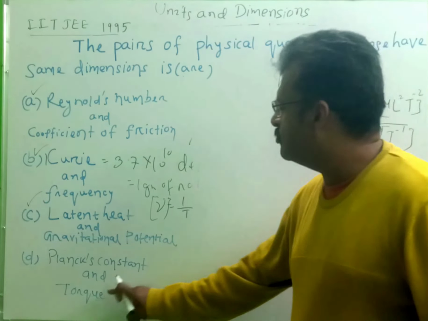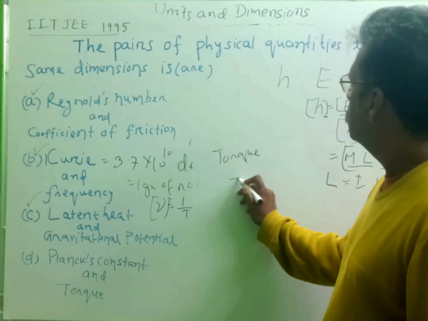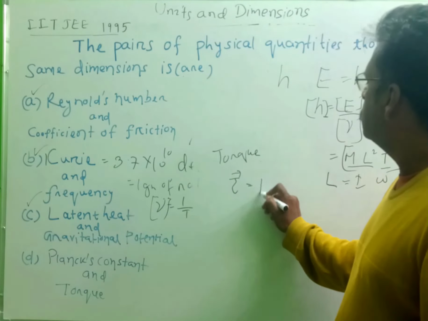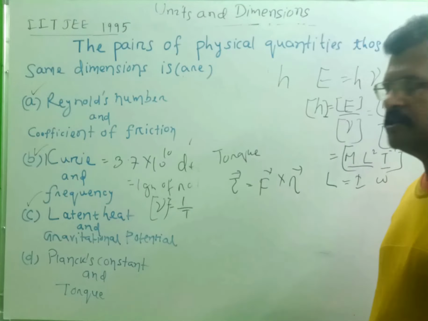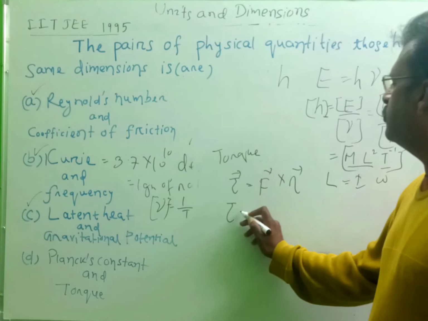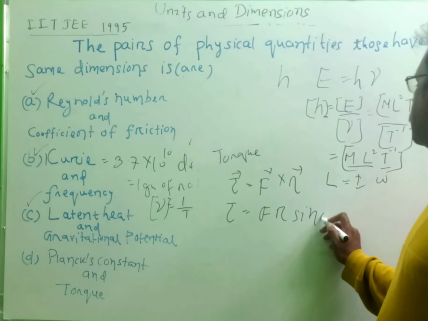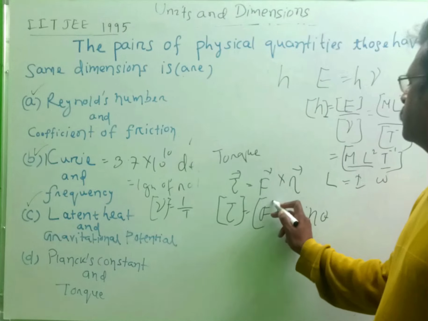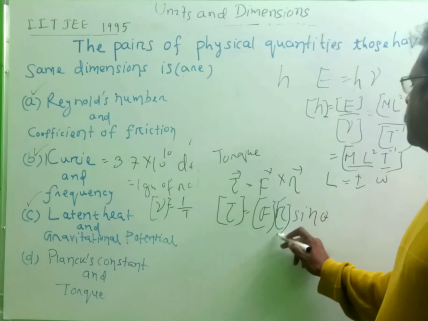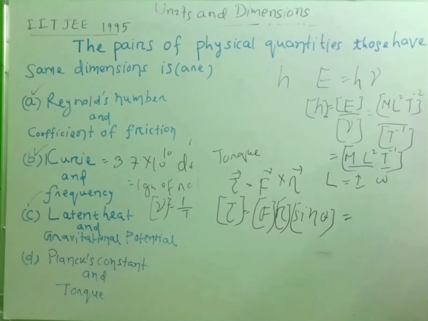And what is torque, student? We know torque is a vector denoted by tau, that is the cross product of r cross F, force cross distance, and the magnitude is given by tau equals F r sin theta. So the dimensions of tau is equal to, students, dimensions of F, dimensions of r, and dimensions of sin theta. Sin theta is a trigonometric ratio. It is a ratio of two lengths.